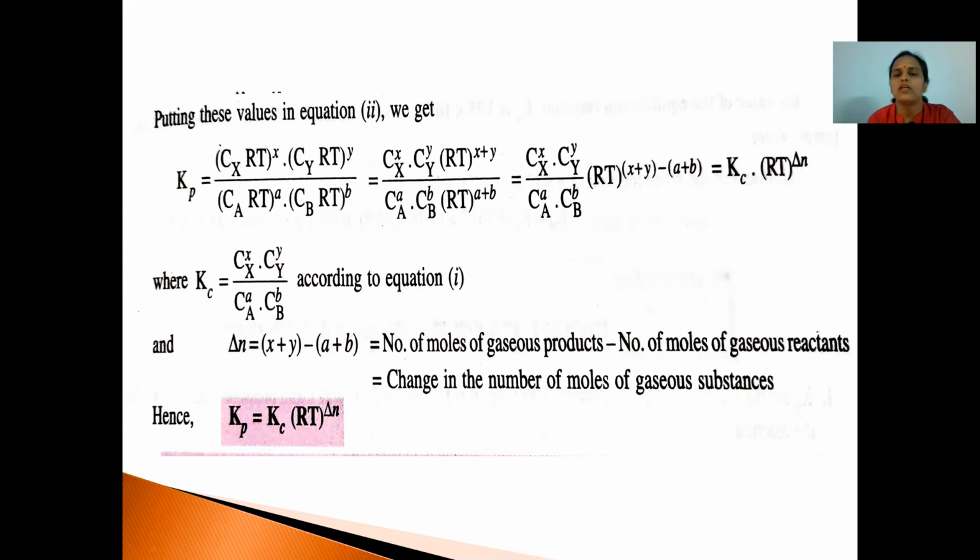That is equal to change in the number of moles of gaseous substances. So we get the relation between Kp and Kc as Kp equals Kc RT delta n, where delta n equals x plus y minus a plus b.